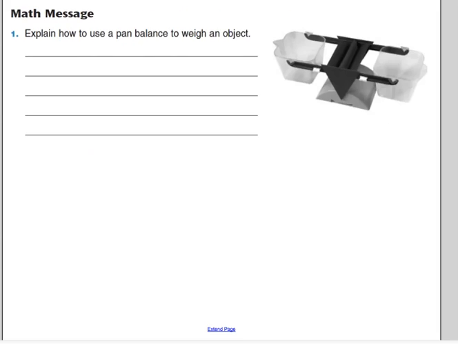For example, if we put a bunch of paper clips on the left side and some marbles on the other side, and we balanced it out, then we would know how many paper clips balance out with the number of marbles that we have. And we could use that to figure out how many paper clips balance out with one marble.